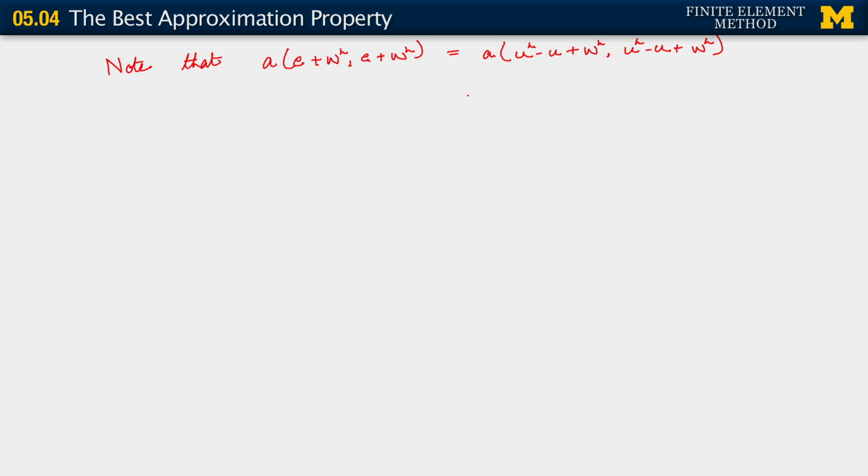But now I can recombine this, right? I note that when I get UH and WH, this is from the result we proved at the beginning of the segment, just capital UH, the function that we introduced, which we identified as being any arbitrary function in SH.